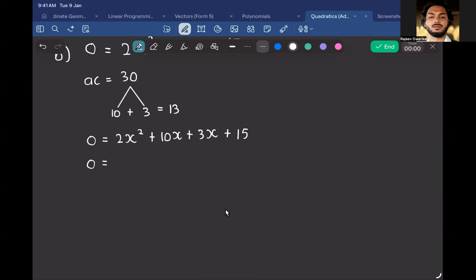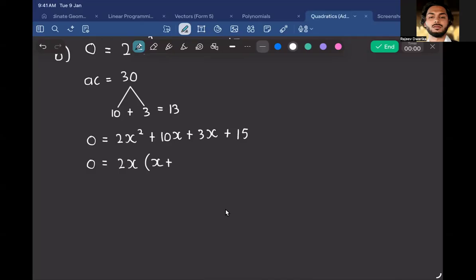All right. So now we're going to factorize, right? What do we have in common between 2x squared and 10x? 2x. If I factor out 2x, what am I going to write on the inside? x plus 5.